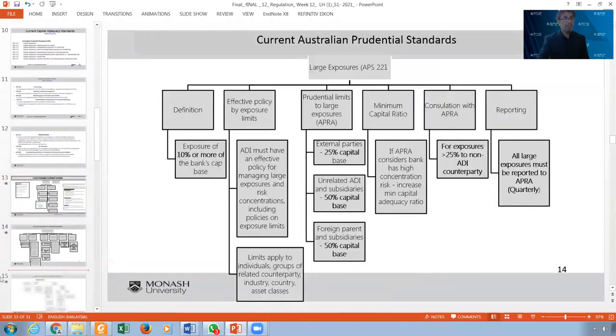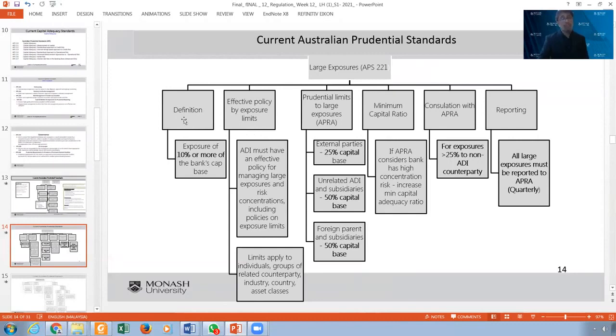Now, we also have APS 221, which is large exposure, which means if you are going to give a loan, it is like when we talked about the concentration risk, how much a single loan should be.